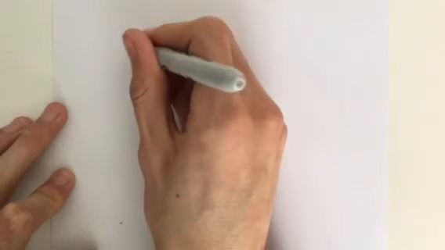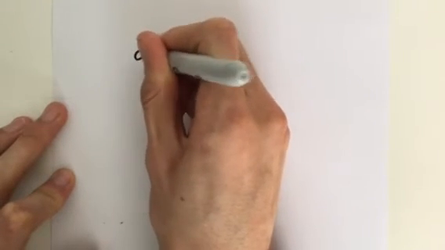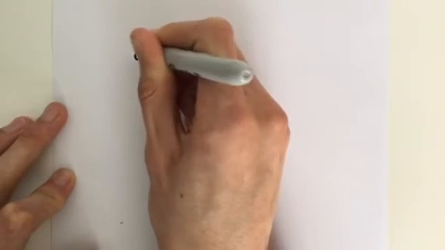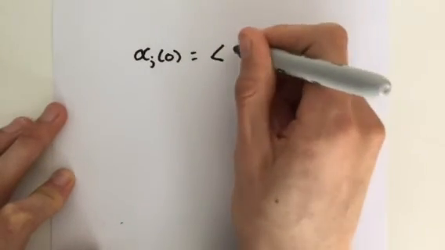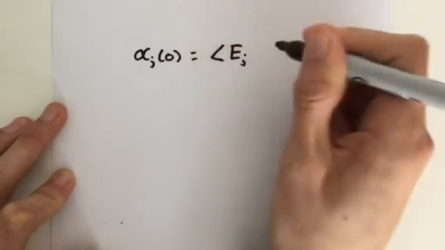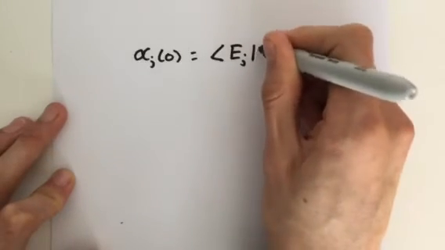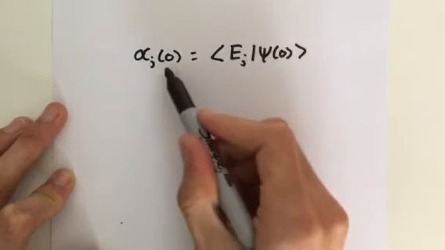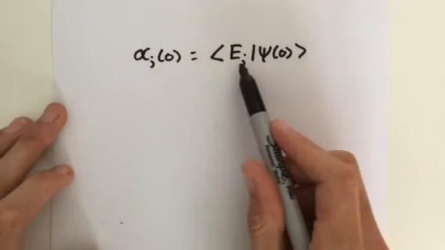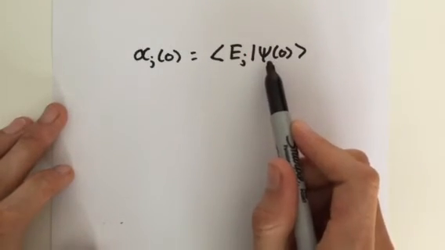As we saw in the differential equation, alpha_j(0) is very simply equal to the inner product of the eigenvectors E_j and our state vector psi(0).